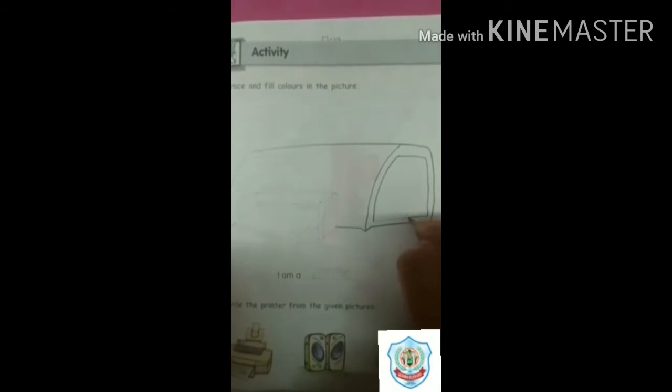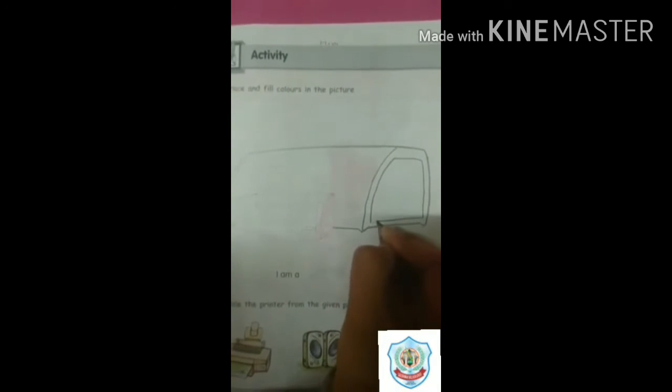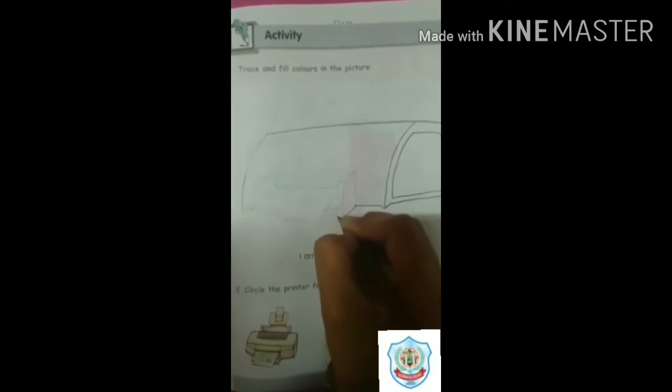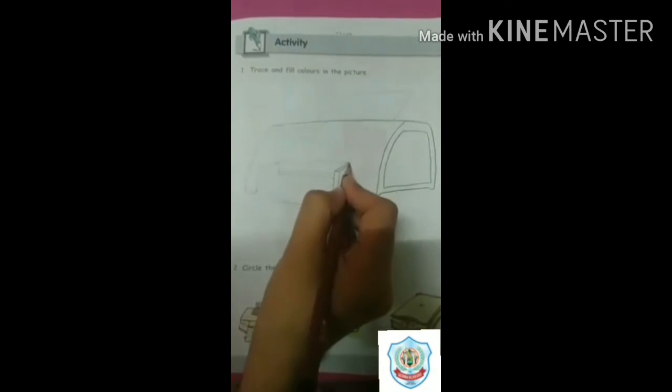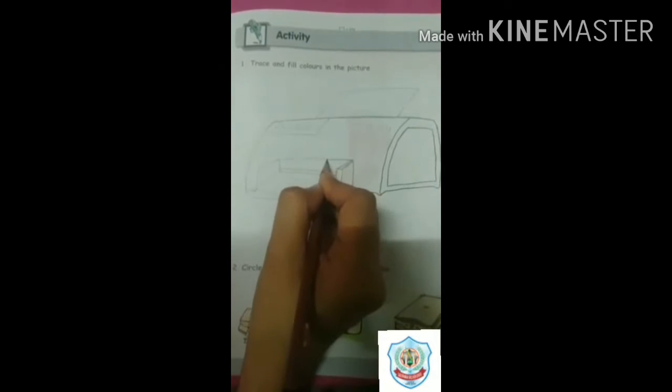Trace each line of the given picture. This is the picture of a printer. Start this line.